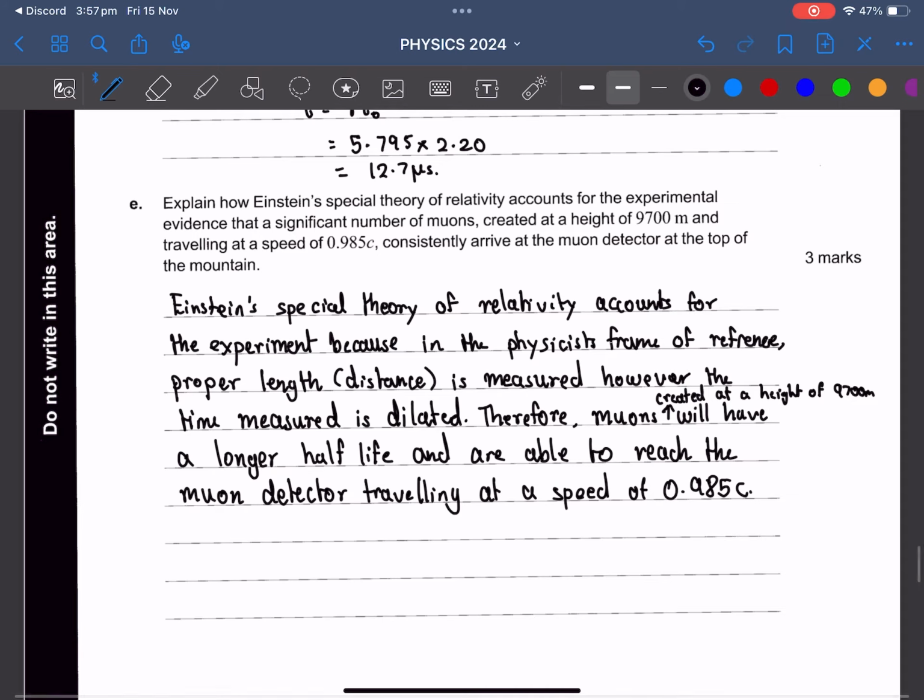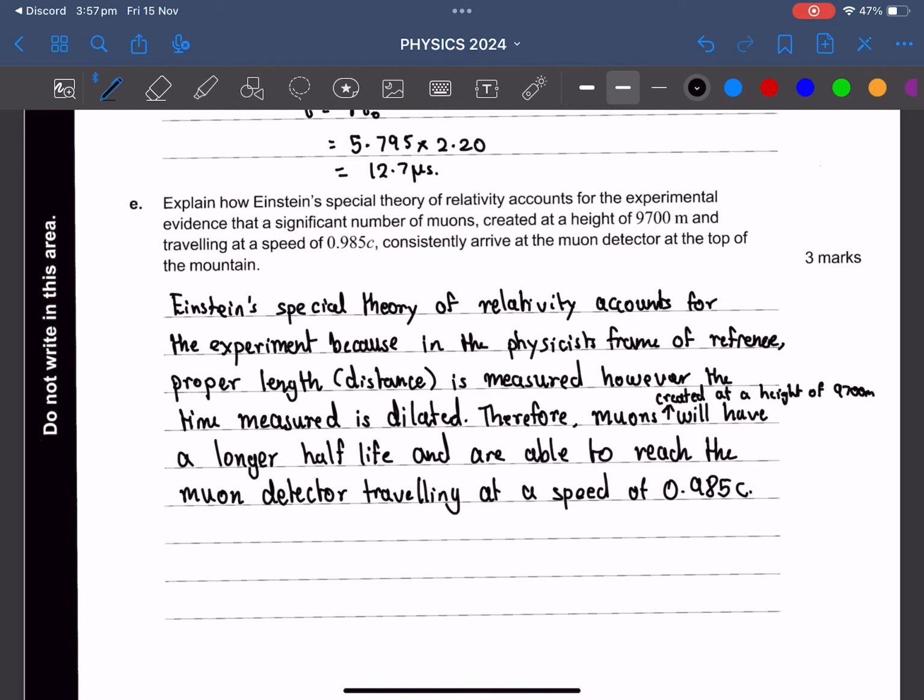Okay, Einstein's special theory of relativity accounts for the experiment because in the physicist's frame of reference, proper length distance is measured. However, the time measured is dilated. Therefore, the muons created at a height of 9700 meters will have a longer half-life and are able to reach the muon detector traveling at a speed of 0.985 c.